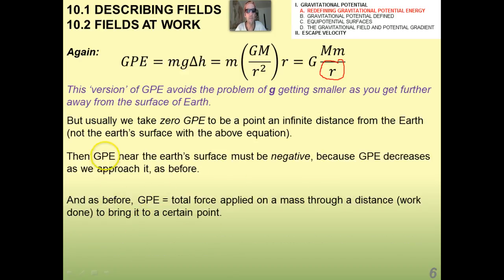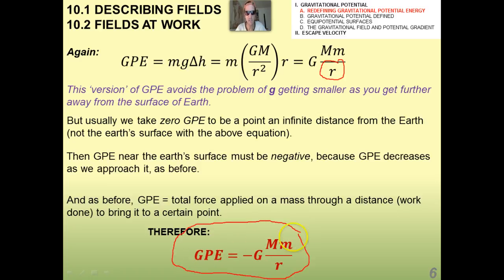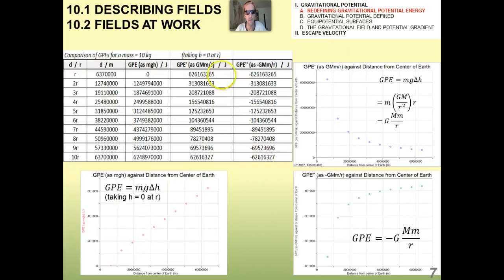So, therefore, the GPE near the Earth's surface must be negative because it has to decrease from 0. As before, GPE is the total force applied on a mass through a distance to bring it to a certain point. Therefore, GPE is negative: there's a negative sign there, negative GMm over r. I'm going to prove this mathematically very shortly for you, but you see conceptually where that negative sign has to come from.